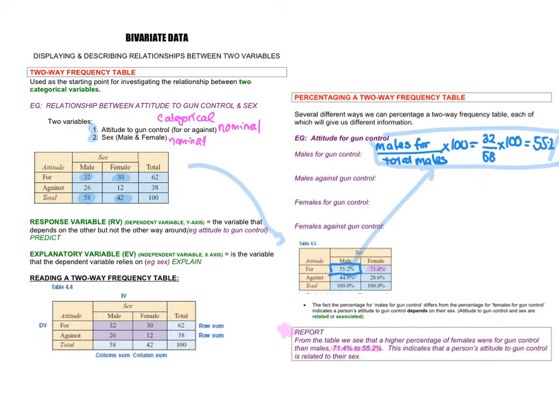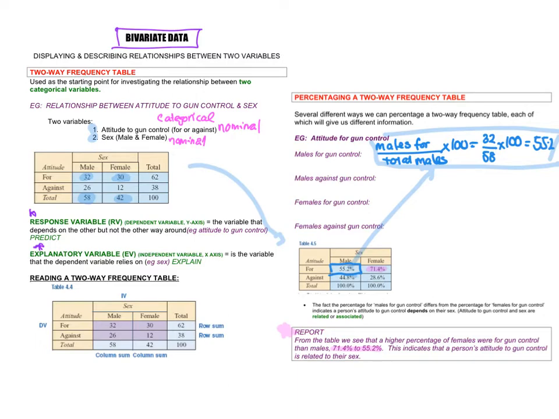Okay, so in the end we're going to be looking at this bivariate data. We're going to have these two pieces of information, and we often call them two variables. What we're going to see is a response variable and also an explanatory variable.